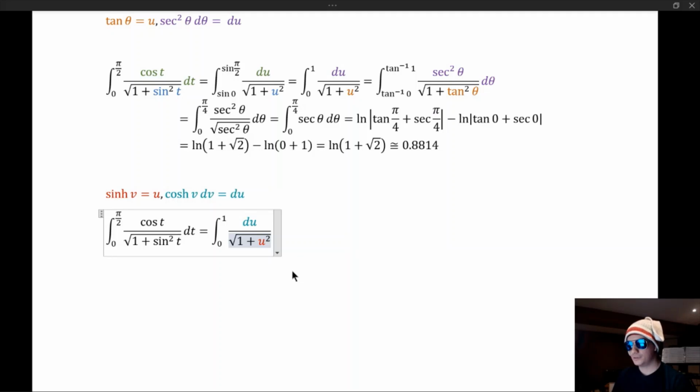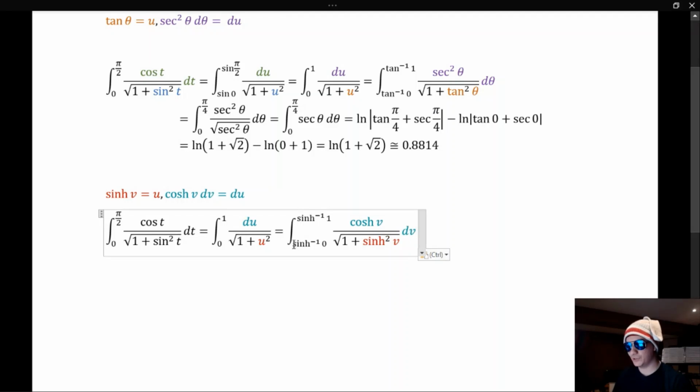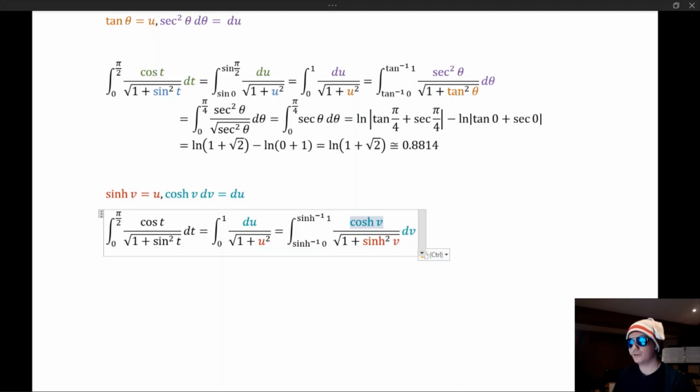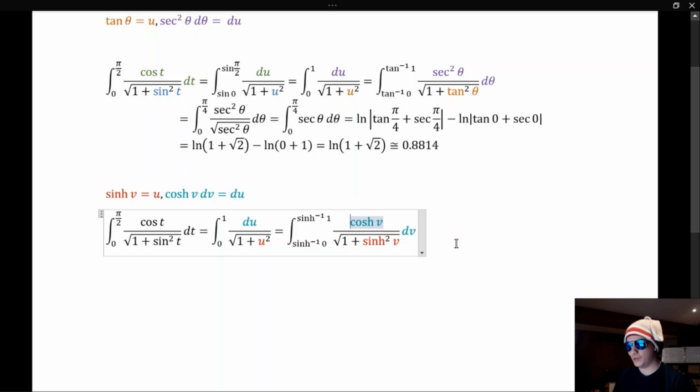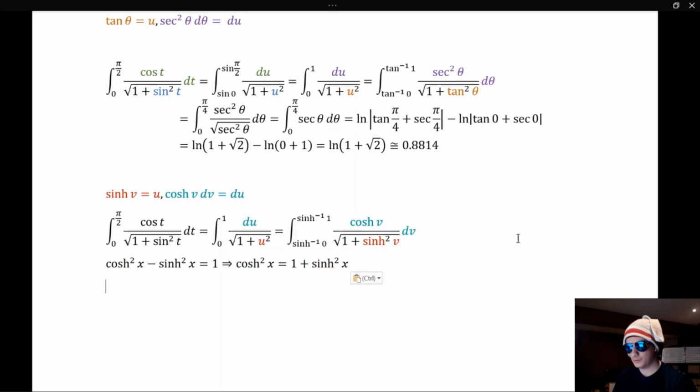Alright, so the bounds will change to inverse sinh of 0 and inverse sinh of 1, of cosh v dv divided by square root of 1 plus sinh squared v. And by this identity here, cosh squared x equals 1 plus sinh squared x.